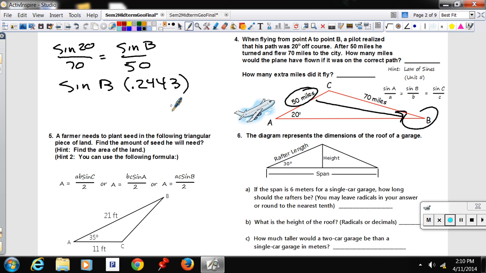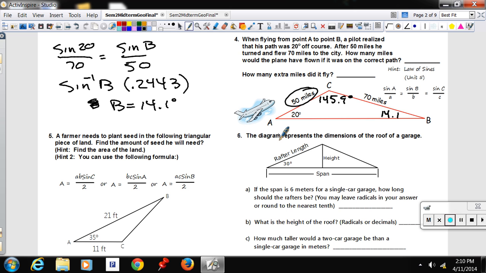That's not an angle. Don't think it's 24 degrees or something. This is what you put into your inverse because you're trying to find an angle. When you do, you're going to get angle B is 14.1 degrees. So this angle down here, we get 14.1 degrees. Now if you add these two and subtract from 180, you get 145.9 degrees.